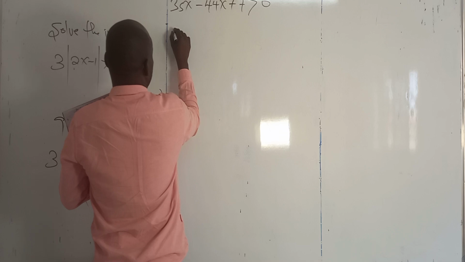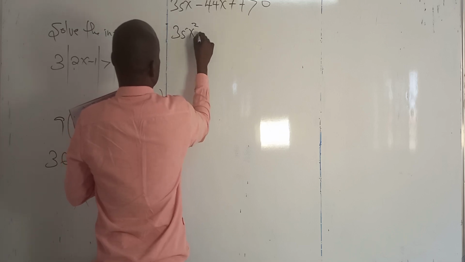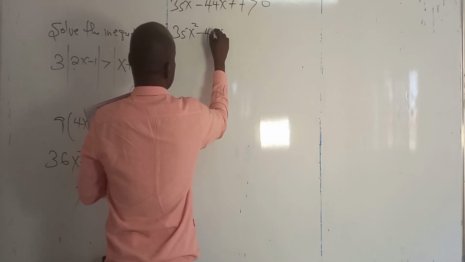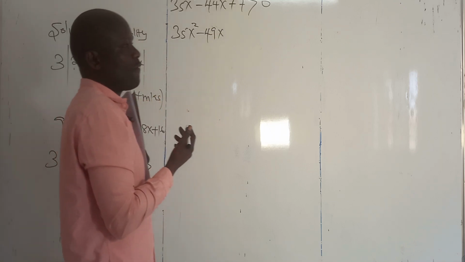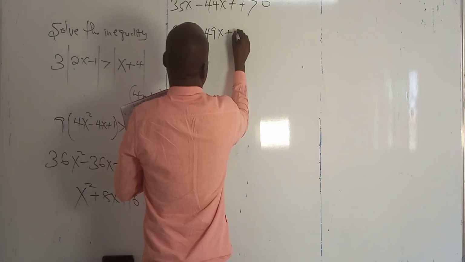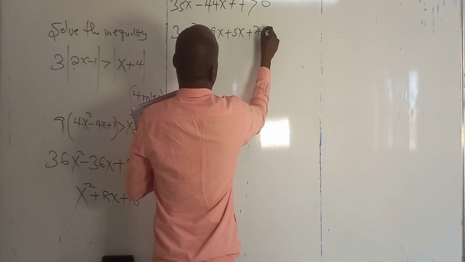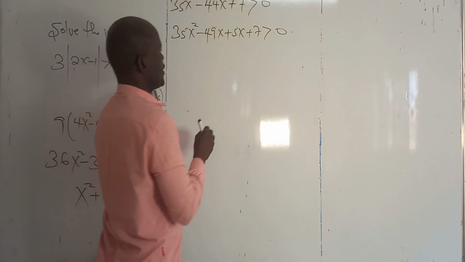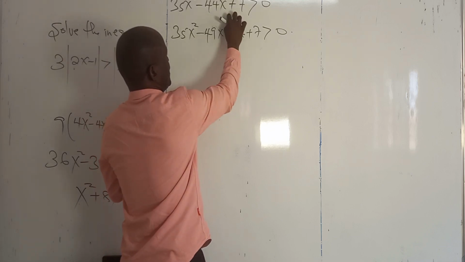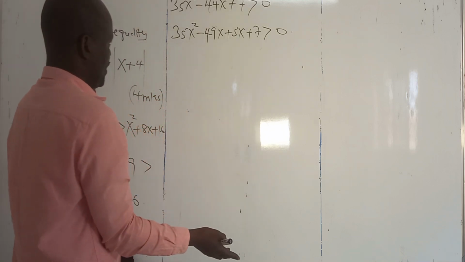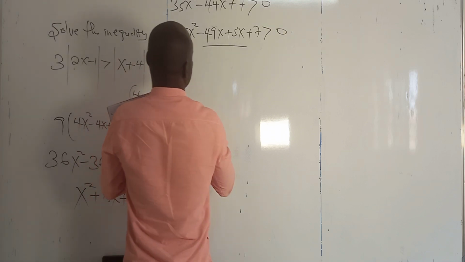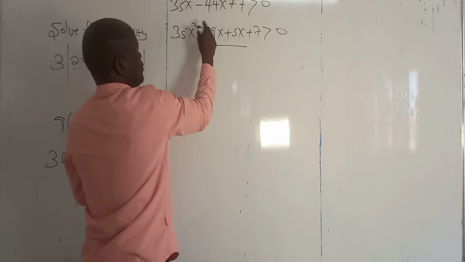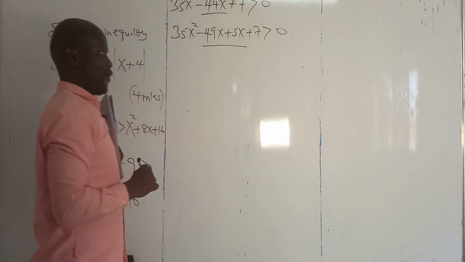So we say 35x squared minus 49x, because that 49 is what we had wished to have for convenience, plus 5x plus 7 is greater than 0. We have just tweaked it, but the sense is not lost, because minus 49x plus 5x still gives you minus 44x.